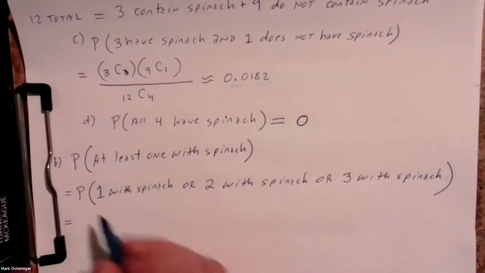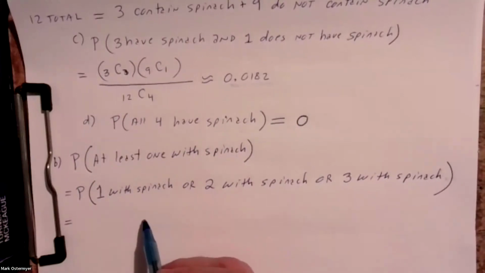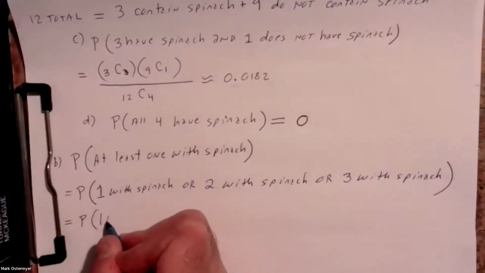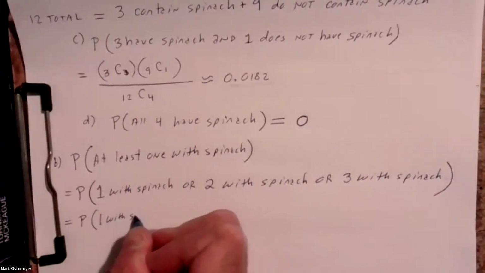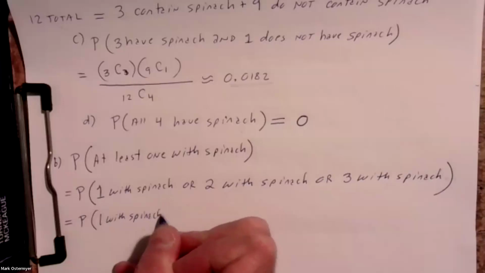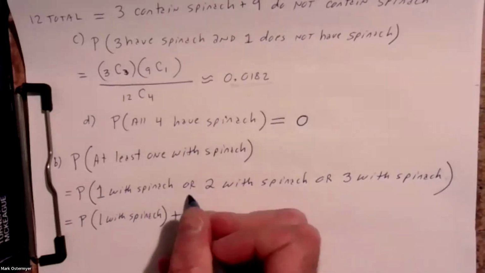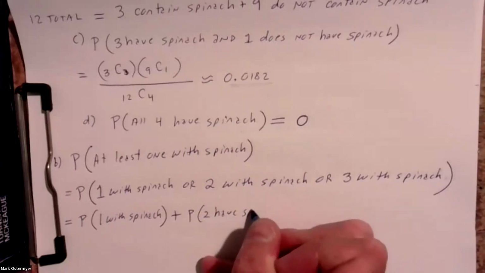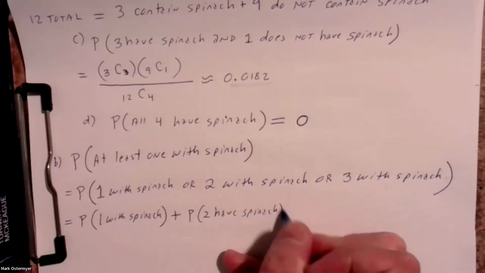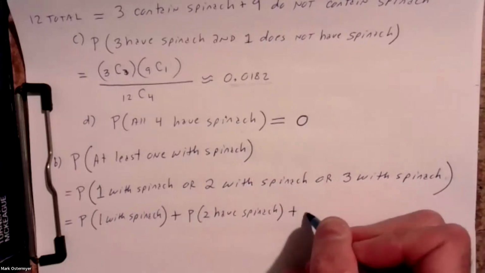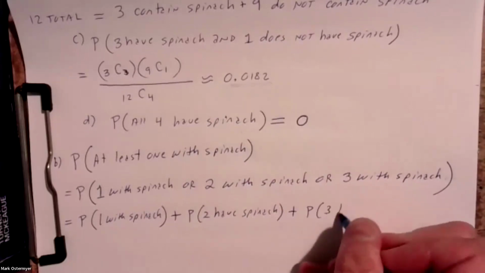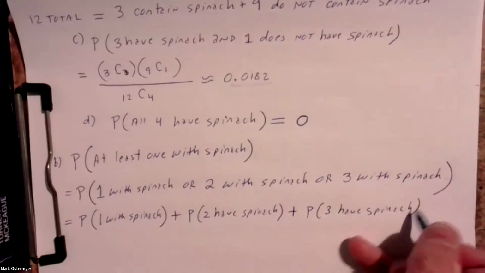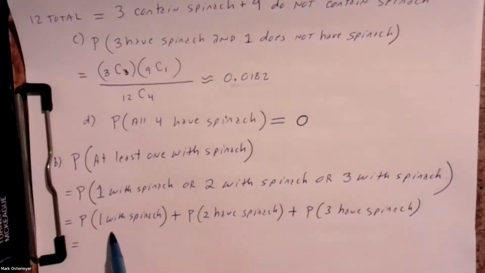Okay, so this is really saying, the probability that 1 will have spinach, or means addition, or the probability that 2 have spinach, or plus, or the probability of 3 have spinach. Let's work on this probability first here.